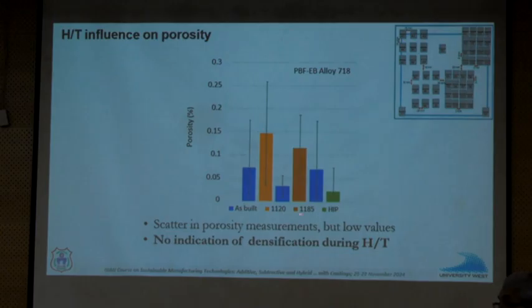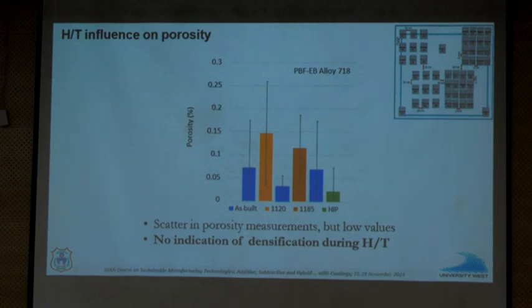But if we do HIPping, it reduces the porosity quite a bit. Why 1120 and 1185, you may ask? These are crazy temperatures. I was talking yesterday about standards, right? There are standards for wrought and cast 718 that talk about heat treatment in the temperature range 1120 to 1185.